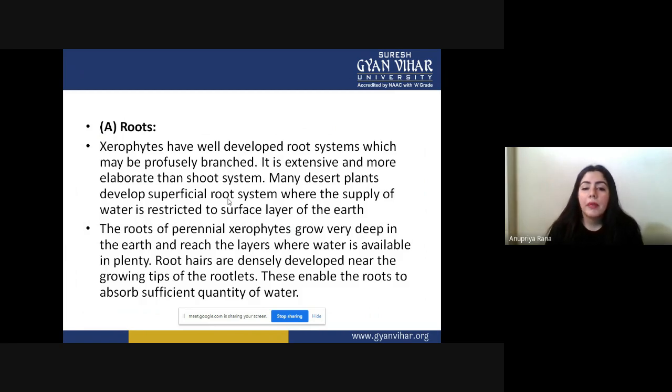The roots of perennial xerophytes grow very deep in the earth and reach the layer where water is available in plenty. Now, the second type of xerophytes, the perennial xerophytes, live very long, like hundreds of years. Their roots can go very deep inside the soil.